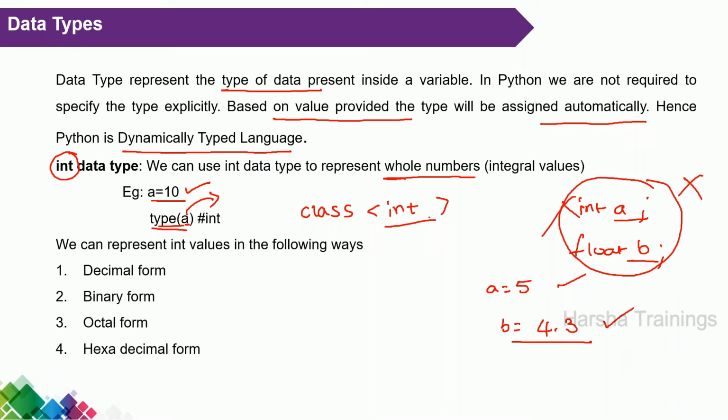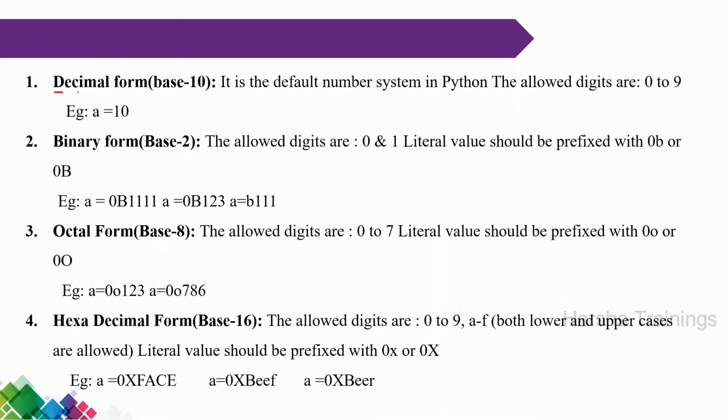Now, in programming languages, we generally use four types of values. Even though we have many, these four are the most useful: decimal, binary, octal, and hexadecimal. What is meant by decimal form? Any number with base 10 is called the decimal number system.